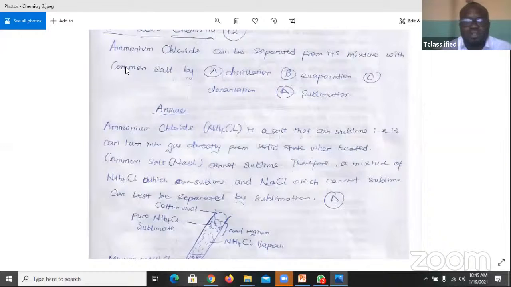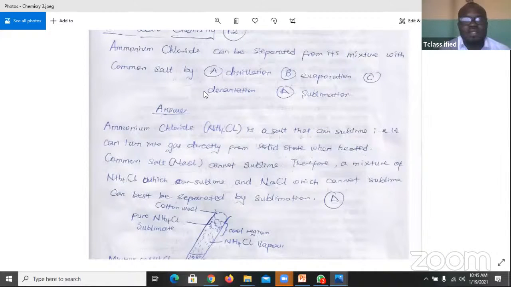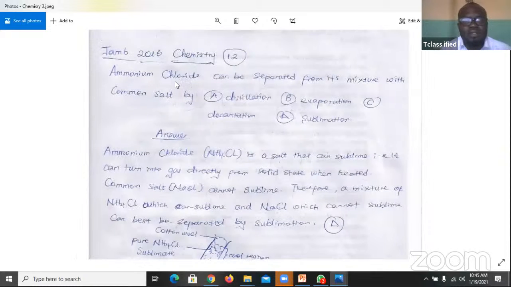Can you see the question now? Yes. Okay. So the question says, JAMB 2016 Chemistry, number 12: Ammonium chloride can be separated from its mixture with common salt by A, distillation, B, evaporation, C, decantation, D, sublimation. So we have these options. So what should be the answer?